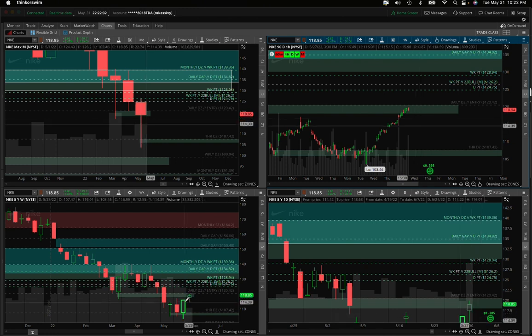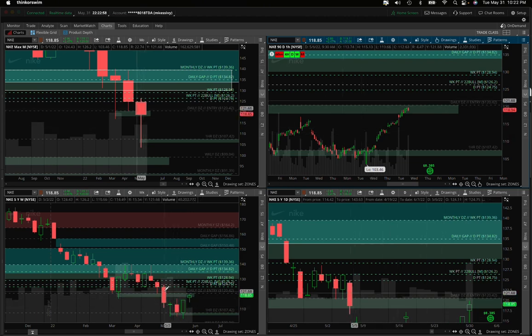See, 12.55 divided by 2 is about 6.22 and some change. So we've already moved half of the previous week's range and it's only been 1 day. So we know that it's like 10, 12, 12. That's 34 points in 3 weeks, right? Look at this candle. That was a 15-point week.